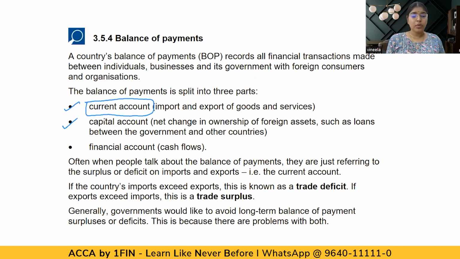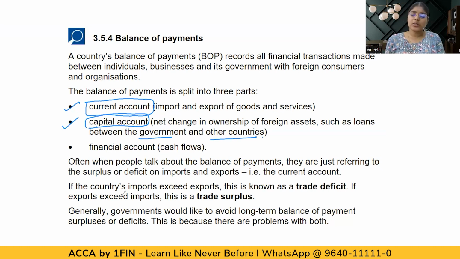So coming to the next part, capital account. I think you people know from your financial accounting paper something about capital expenditure. It is nothing but your assets or liabilities that will be there for a longer time period. So same thing here. There is a change in ownership of assets or loans made between the government and other countries.